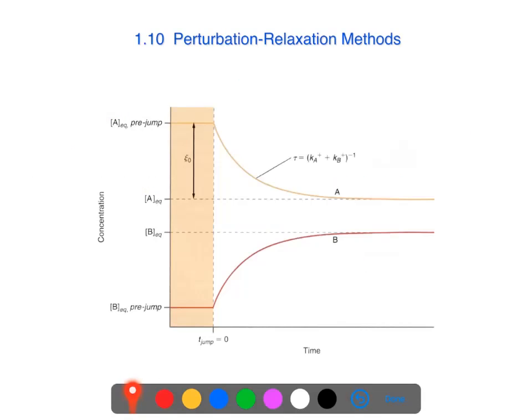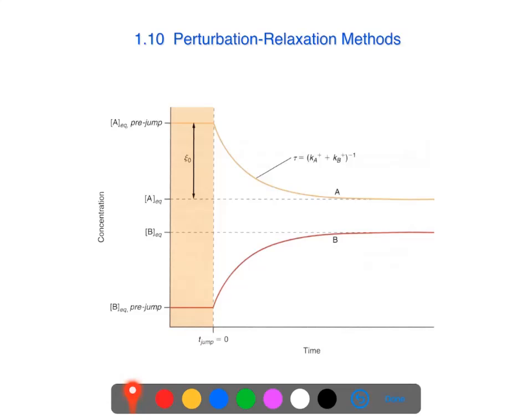Here's just another figure describing the perturbation relaxation method where we have the pre-jump concentrations for both A and B, that is concentrations of A and B pre-temperature jump. And then following the jump, so t equals 0, we have the laser coming in or the electrical discharge, which raises the temperature or pressure of the system.